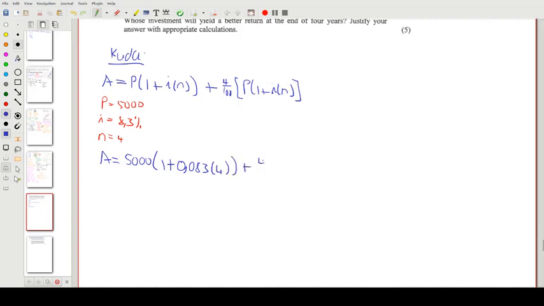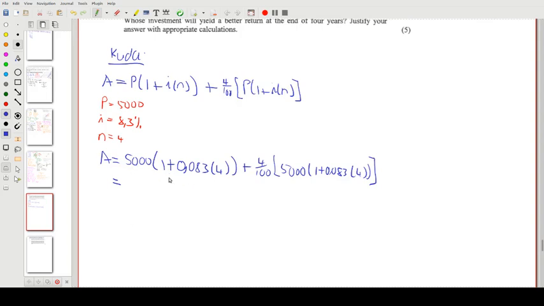But then we add to that 4% of the total, which is just a rewriting of this part: 5,000 times 1 plus 0.083 times 4. And there we have it. Now let's just calculate that. You can just type this whole thing on your calculator, and that's what I'm going to do. And that'll give us a final answer.